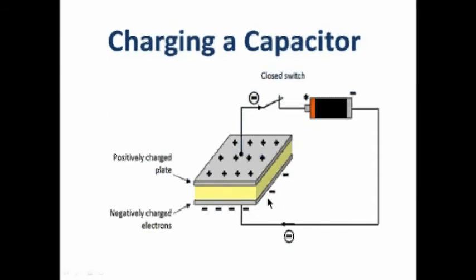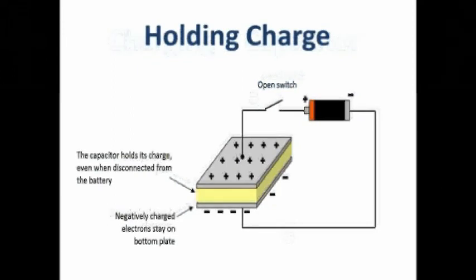We'll see later on that it never actually gets to that value. If we then open the switch, the capacitor can hold that charge. So the switch open, the 1.5 volts is still across that capacitor, and we can leave that capacitor and then come back to it, and we can do work with that voltage.